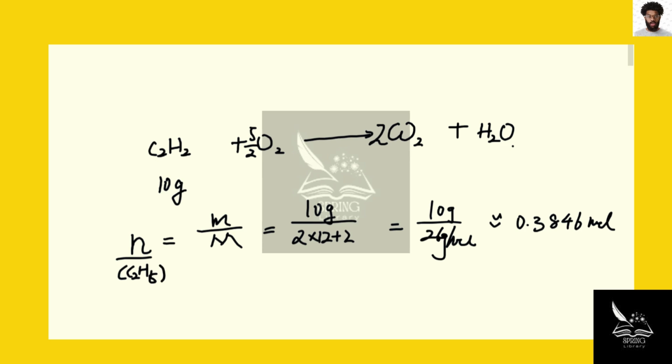And from the chemical equation, you'll find it then reacts with 10 grams of the oxygen. So the moles of the oxygen will simply be the mass over the molar mass.